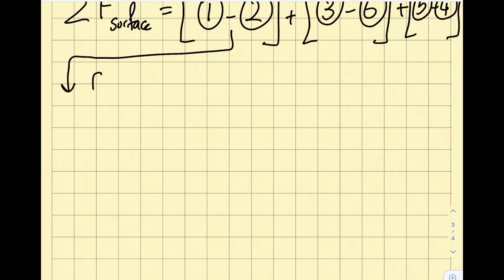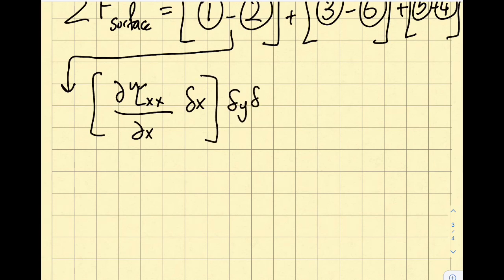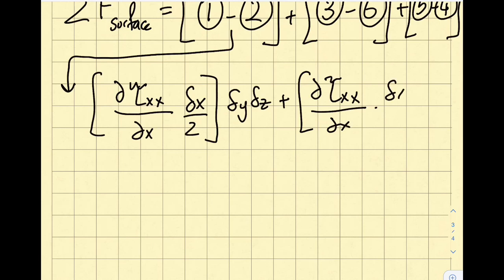Basically, as I mentioned, this is going to be del tau xx del x times delta x times delta y times delta z, plus, actually it is the same, del tau xx del x. Excuse me, there's a delta x over 2 over here, delta x over 2 times delta y, delta z. If I continue with that, you'll see that they are the same, so I'm going to multiply this by 2.